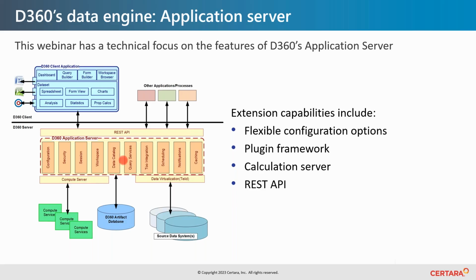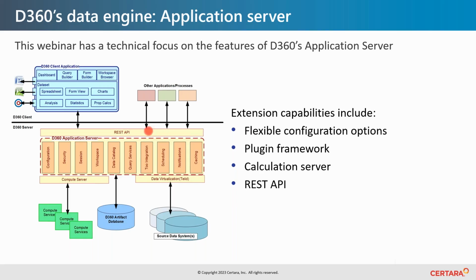So here is the overall picture of how D360 looks. There is the client application and then the application server side. Between them is the REST API, which is the communication layer, and that's the focus of today's webinar.